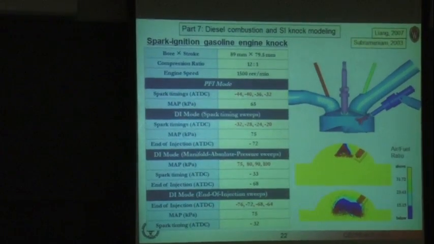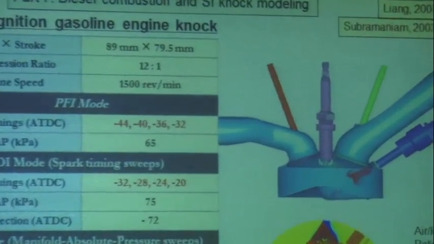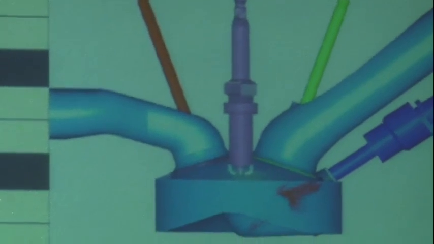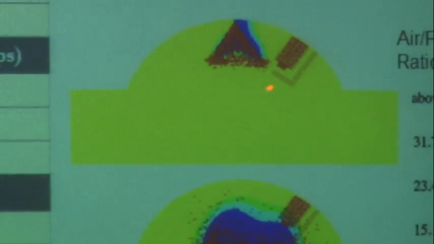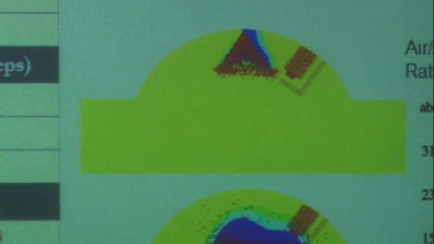In this case, it's a side-mounted injector. We have a spark plug. As I showed you before, we can model the spark plug event using our particle model. Actually, it's kind of interesting. You see we have what looks like a real spark plug here. We represent that with particles.